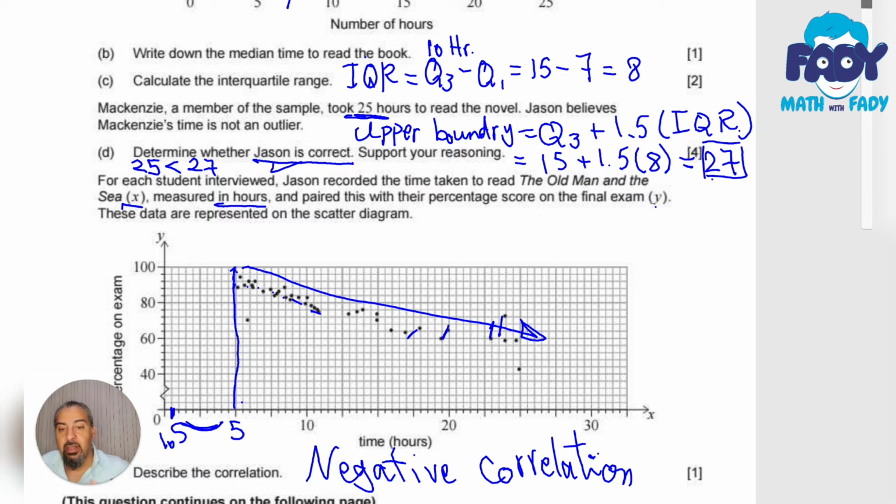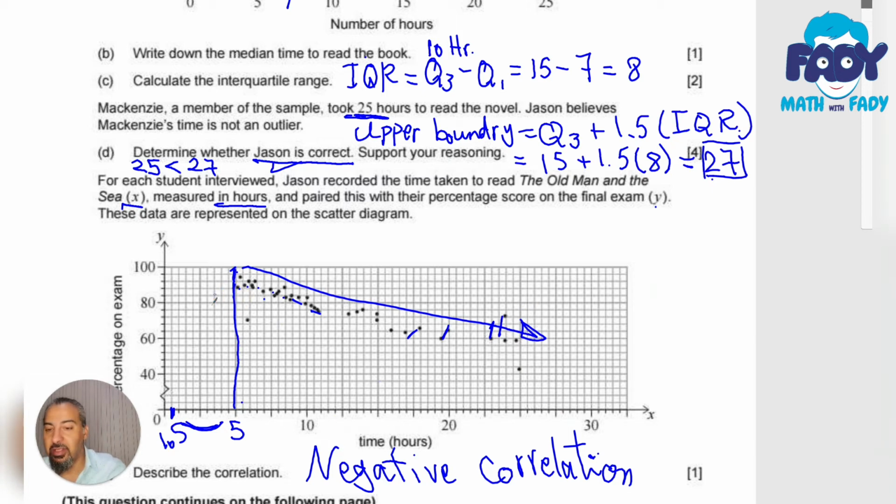Again, he used these dots, these values, to find the equation. And if we are using this equation to estimate some other values, we must consider this data range.